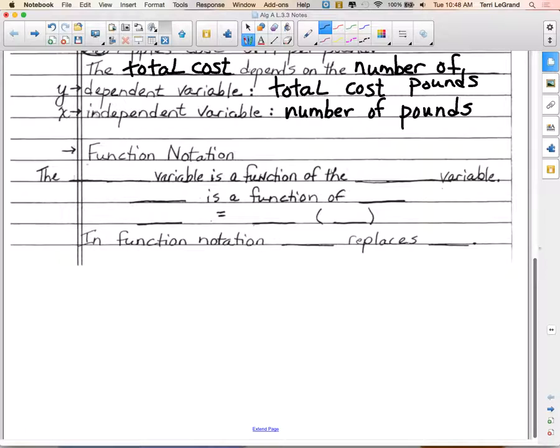So when we talk about this, we're going to start this one with the dependent variable. This is often how they'll state it. This is math language now. So when they're stating it in math language, you're going to understand what they're saying. The dependent variable is a function of the independent variable.